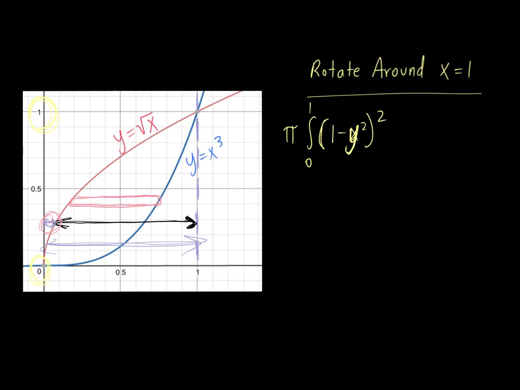Okay, that's 1 because there's a consistent length of 1 here, minus y squared because this little arrow right here is y squared. And similarly, my little radius is going to be 1 minus the cube root of y, because we have a consistent 1 all the way across, just like we did with the big radius. This distance right here has two possible names.